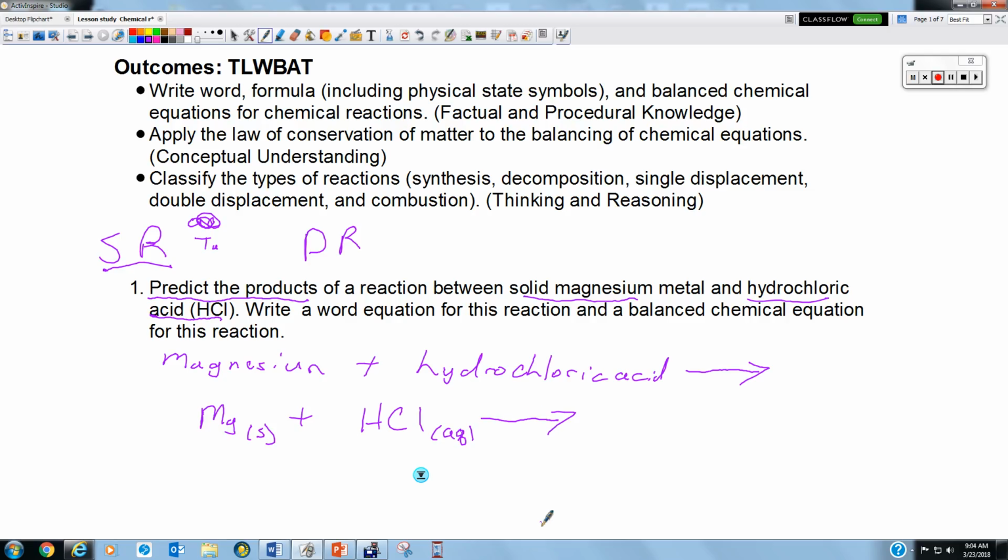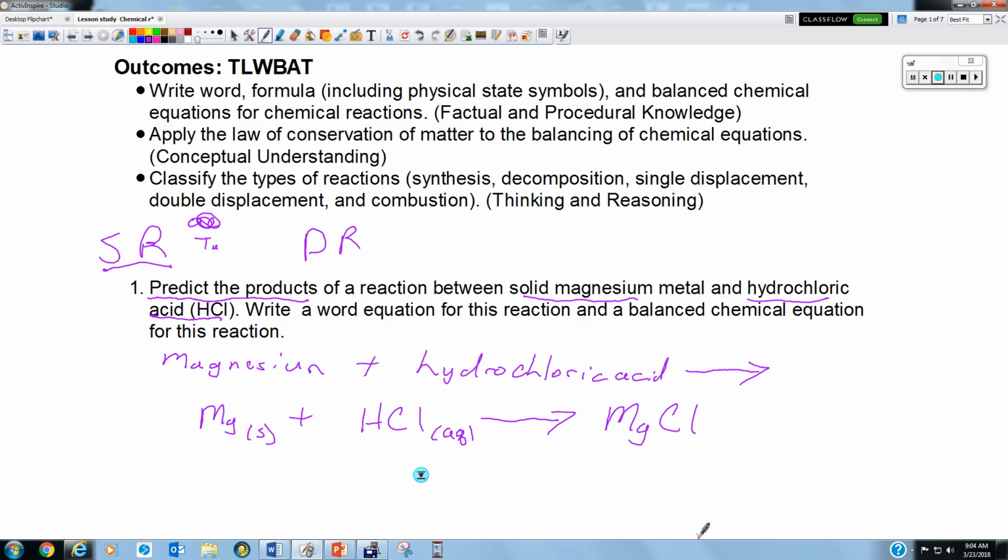Now when I'm writing the products, what is the magnesium going to be connected to? Magnesium makes what kind of ion? Does it make a positive or negative? Positive. So it's going to replace the positive. Chlorine is always negative, so it's going to be magnesium and chlorine.